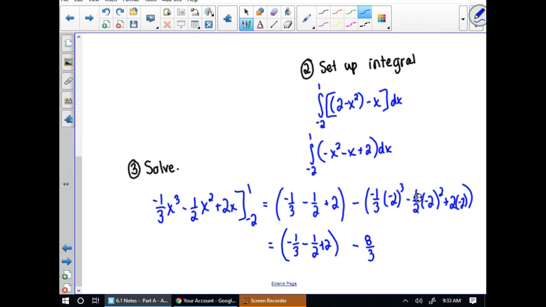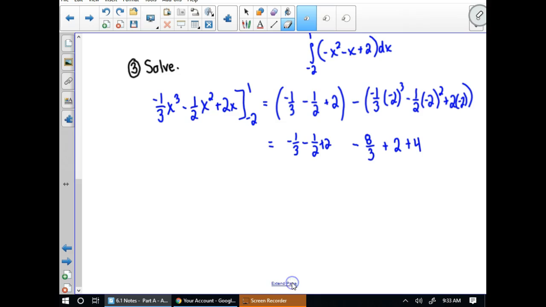That's going to give you a -2, but then it's going to become a +2 when you distribute that negative there. And then here you got -4, but it's going to become a +4. I really don't need these parentheses right here. And so we got 2, 2, and 4, so we've got 8.